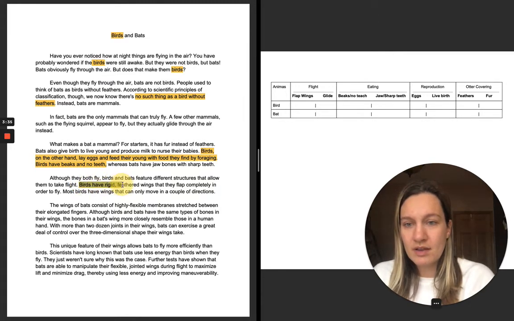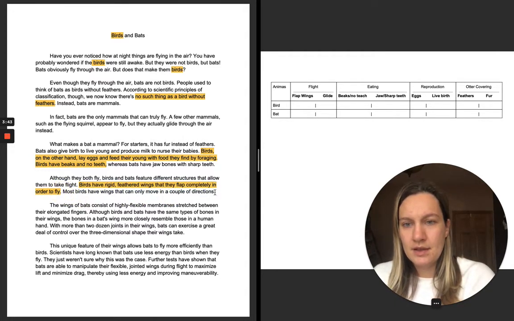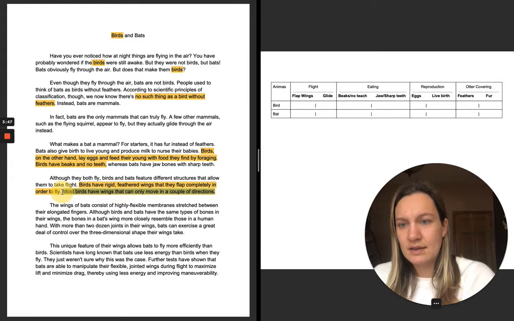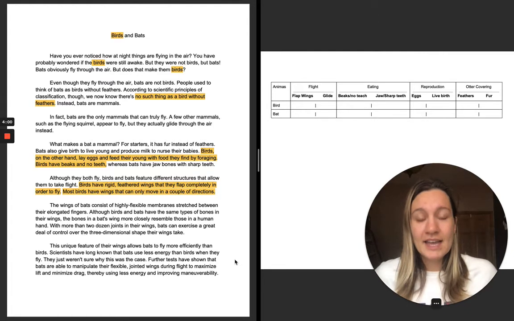That birds have rigid feather wings that flap completely in order. Birds have wings that move only in a couple directions. And then the other thing that they should have highlighted, that should have been it for birds. Yes. All right. Nice job, guys.